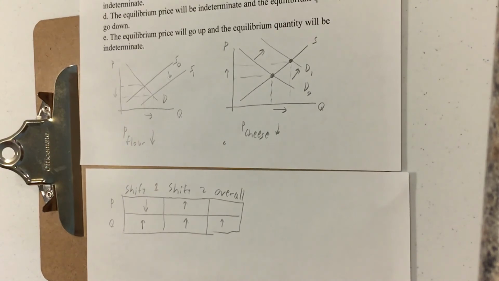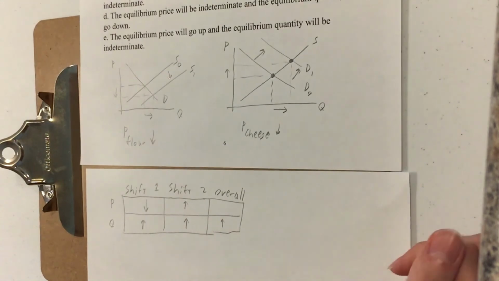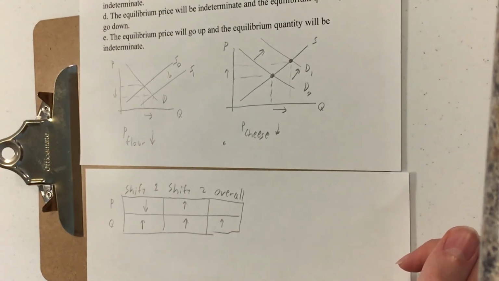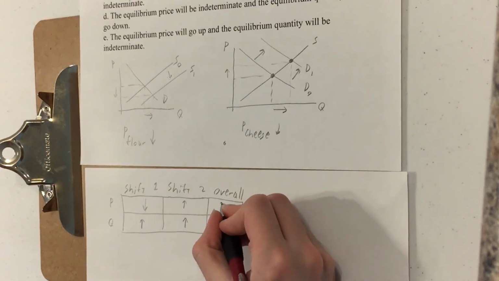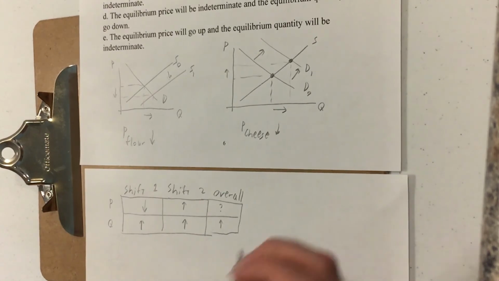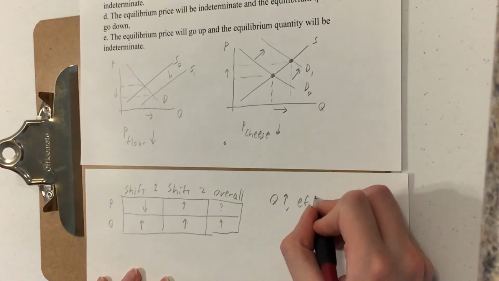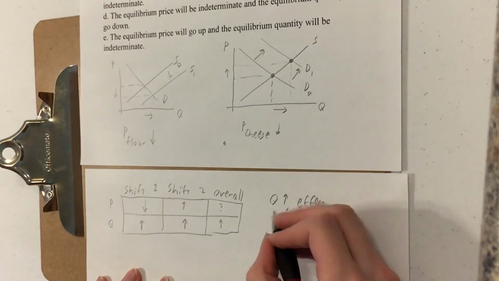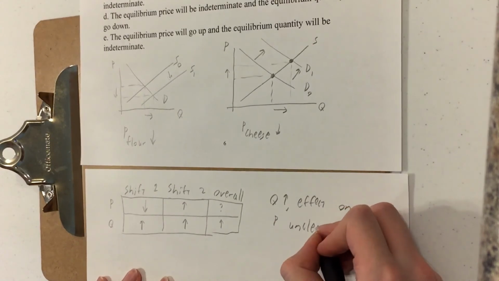With price, it's unclear. First shift lowered price, second shift raised price. We don't know which effect is stronger. So that's going to be ambiguous. I might say it's indeterminate. So the effects go in opposite directions.